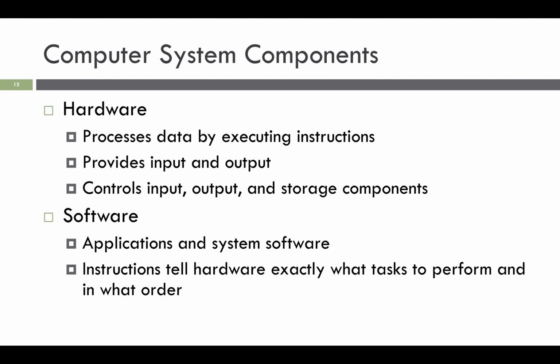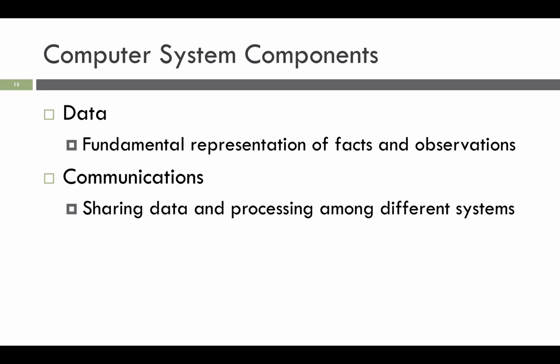The software instructs the hardware what to do and how to process the received data. The software then sends meaningful or interpreted data to a different system, which is communication.